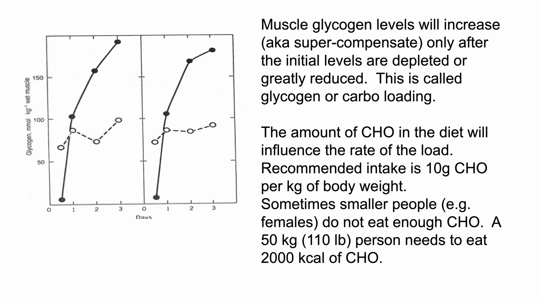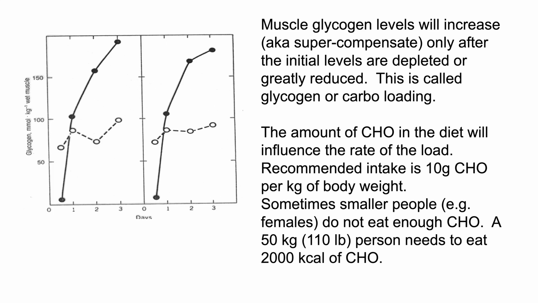It says the amount of carbohydrate in the diet will influence the rate of the load. The recommended intake is 10 grams of carbohydrate per kg of body weight, which is an incredible amount of carbohydrates to take at one time. It says smaller people, such as females, do not eat enough carbohydrates to begin with. So it's hard for females, especially like this one right here, a 50 kg, 110 pound female, such as a gymnast.